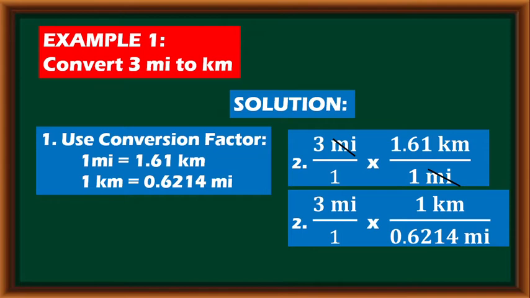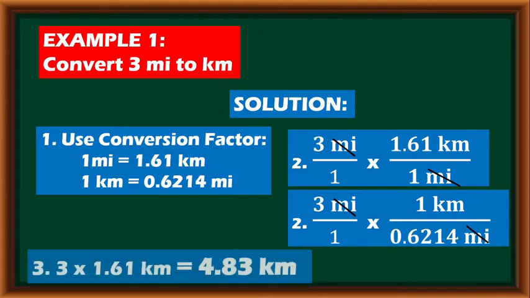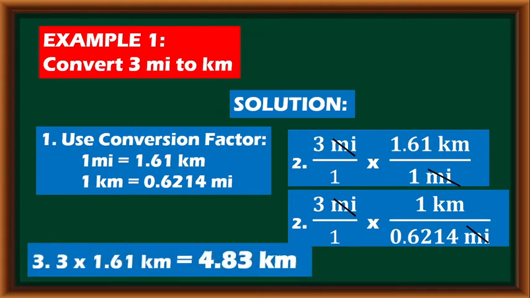Mamili kayo dyan. 3 miles over 1. So, kagaya ng sinabi ko, laging i-cancel out yung mile. So, ang ginamit natin dyan is 1 kilometer divided by 0.6214. Okay. Take note na yung una at saka yung pangalawa na solution, ang magiging sagot niya kapag i-compute mo ay 4.83 kilometers. 3 times 1.61 kilometer is equivalent to 4.83 kilometers.